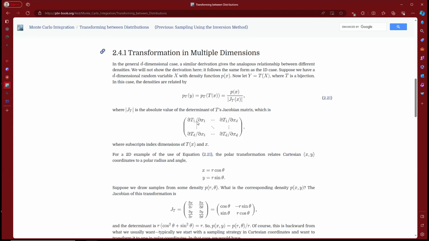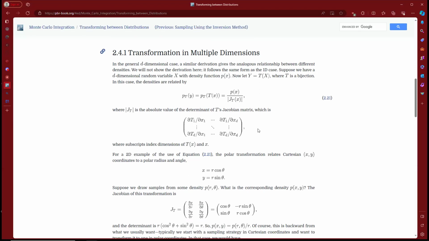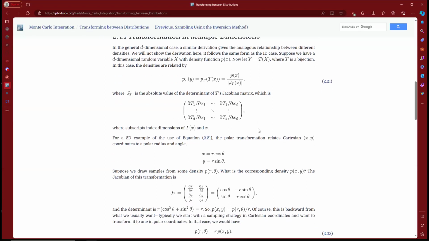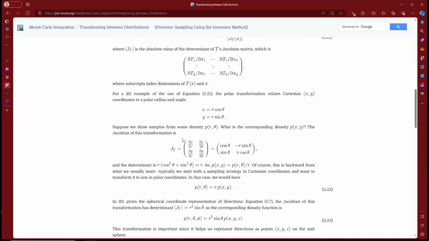So interesting. It's with respect to the different dimensions, with subscripts indexing dimensions of T of x and x. Okay. So for a 2D example, we use this equation. Polar transform relates Cartesian xy coordinates to a polar radius and angle.